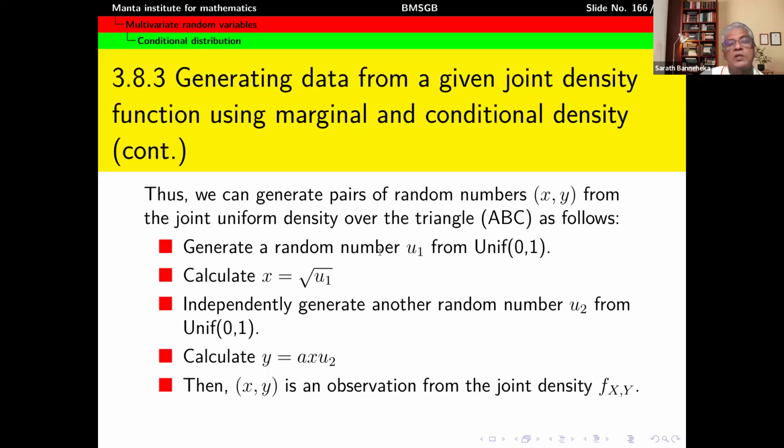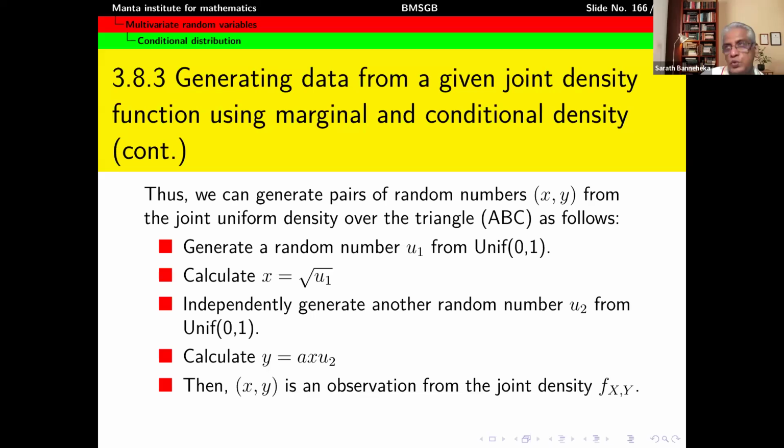And then, independent of these, separately starting again, generate another 10,000 numbers from uniform 0, 1. Let's denote that vector by u2. Then calculate a times the u2 values.